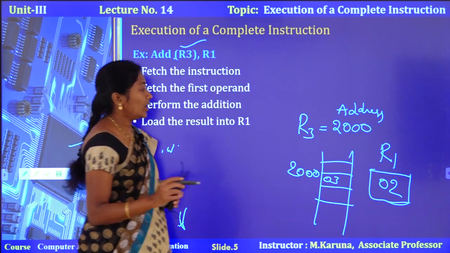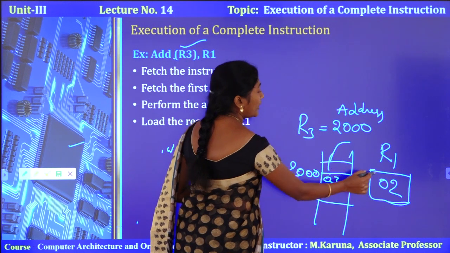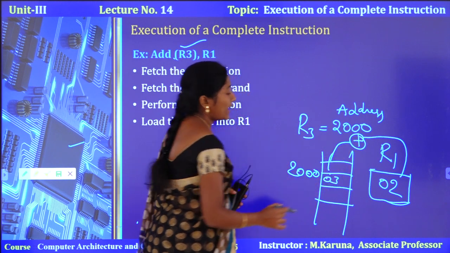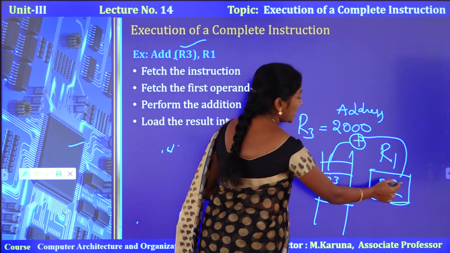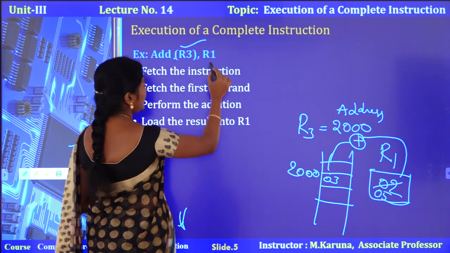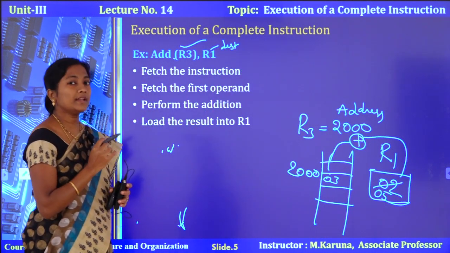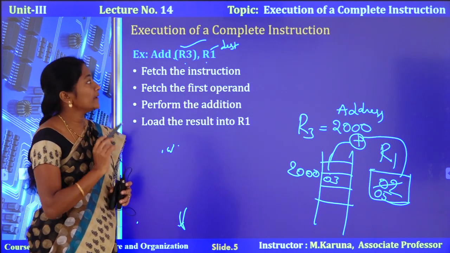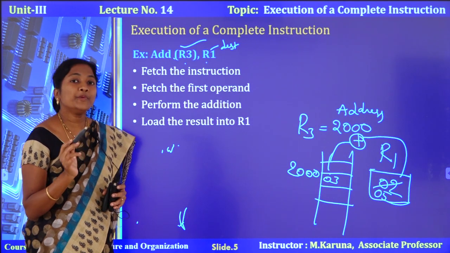After getting this data, the processor performs the addition operation between these two operands. The output is stored in the R1 register, because here we consider R1 the destination register; this is the source, this is the destination. One important point is that the source and destination order may vary from computer to computer.